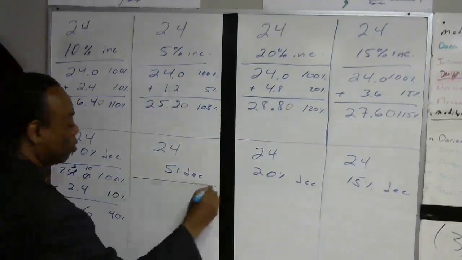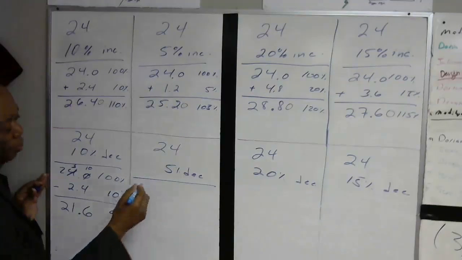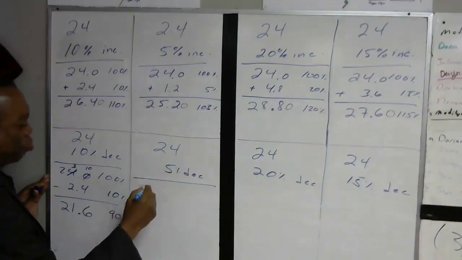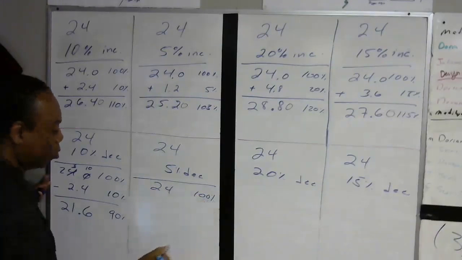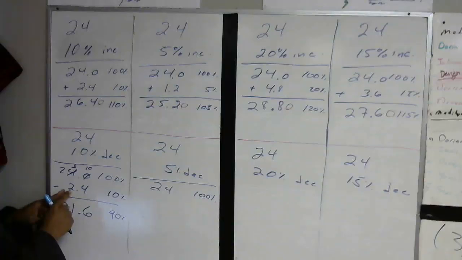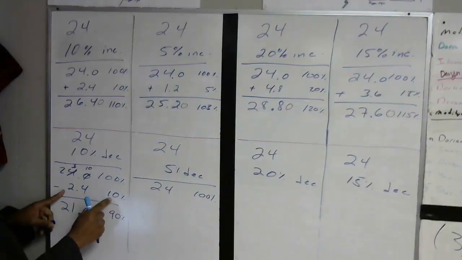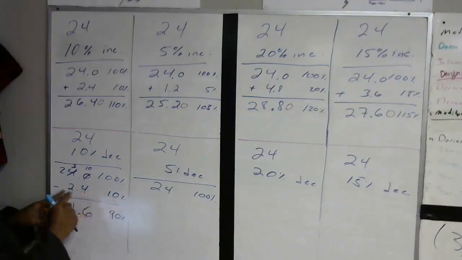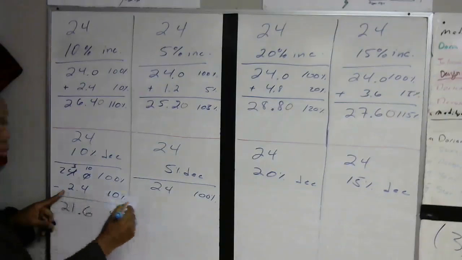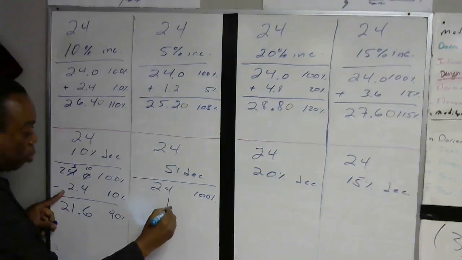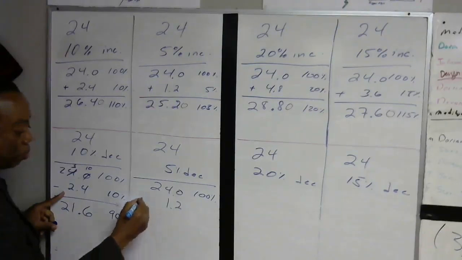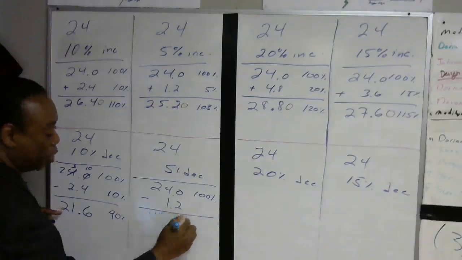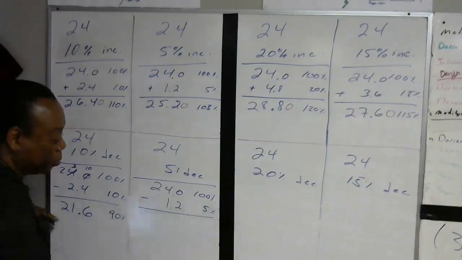Next, we have 5% here. 24 represents 100%. So 2.4 represents 10%. So to get 5%, we take half of this. So half of 2 is 1, half of 4 is 2. So it's 1.2. And then we add a 0 here. This right here is now representing 5%.